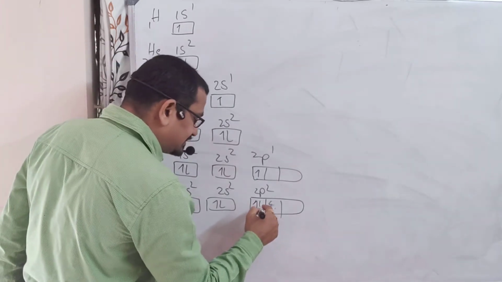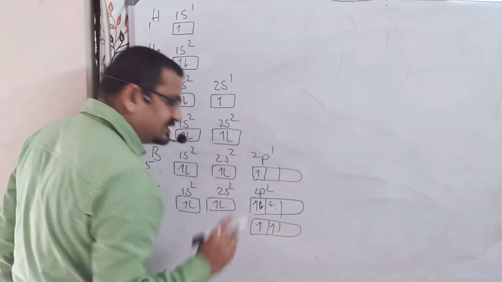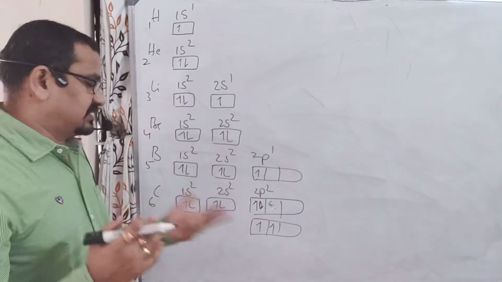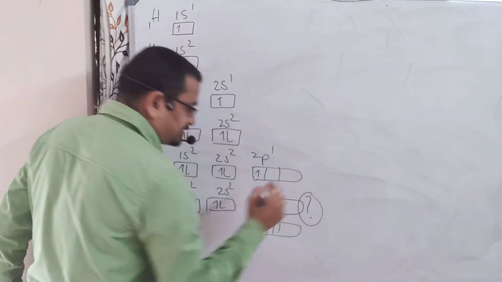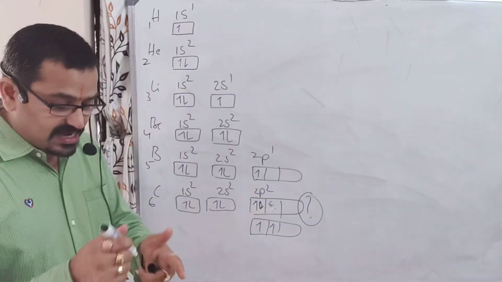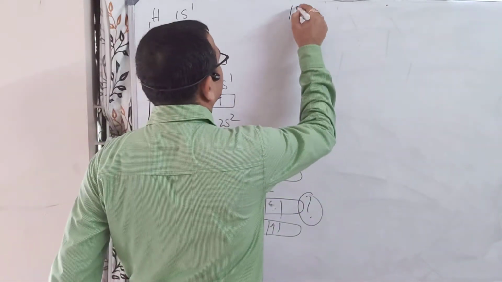Which is more possible? Which is more appropriate? To explain this, Hund gave a rule called Hund's rule of maximum multiplicity.